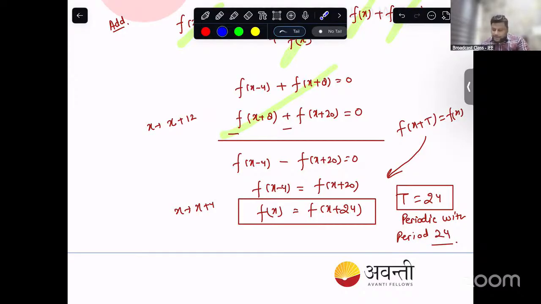Got it? Now I replace x by x plus 4. So I got f of x is equal to f of x plus 24. So that means it is periodic with period 24. Am I clear?